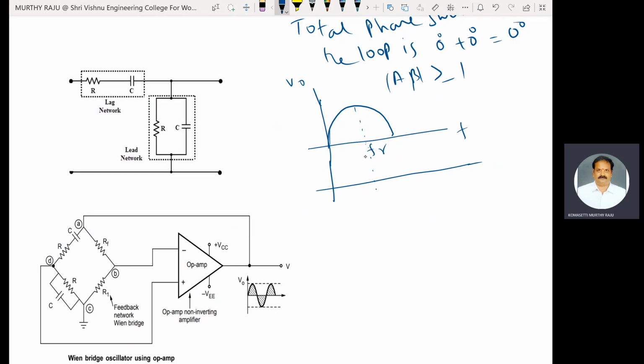For lower frequencies, that means F less than FR, this is the frequency range.